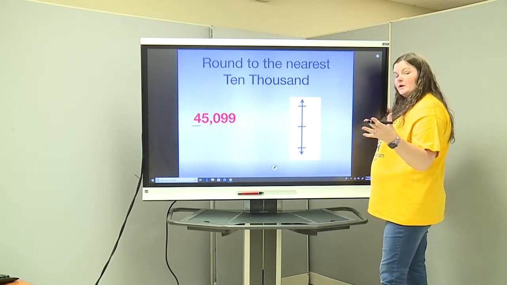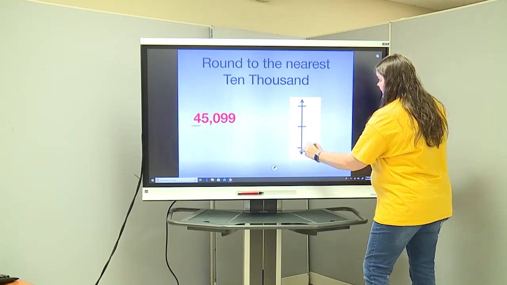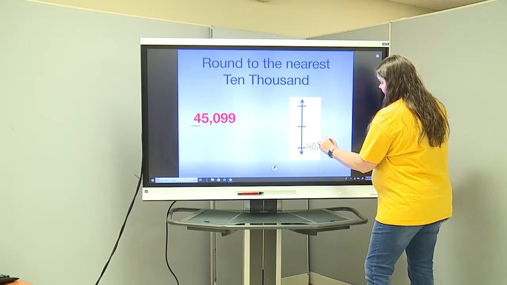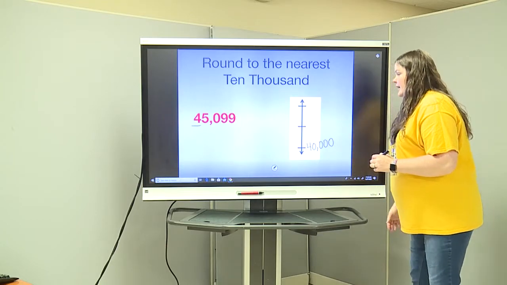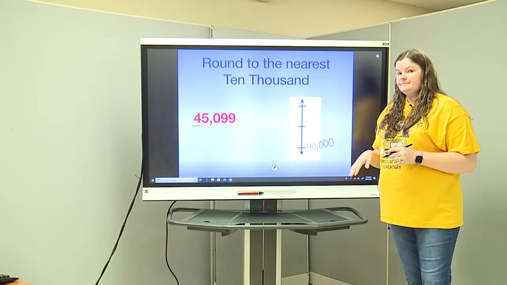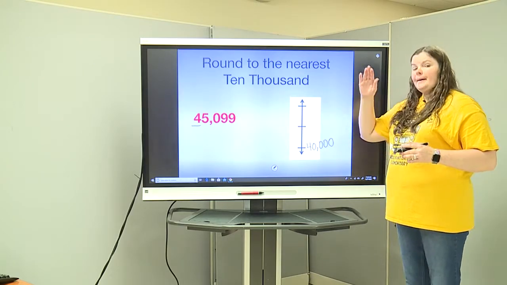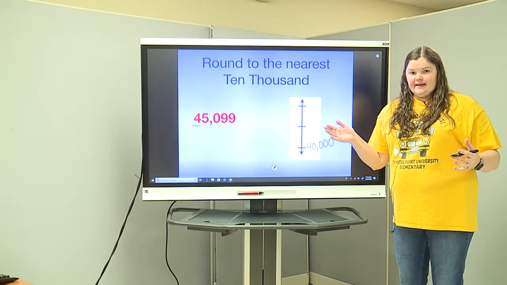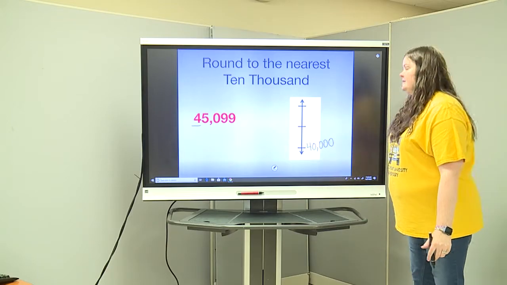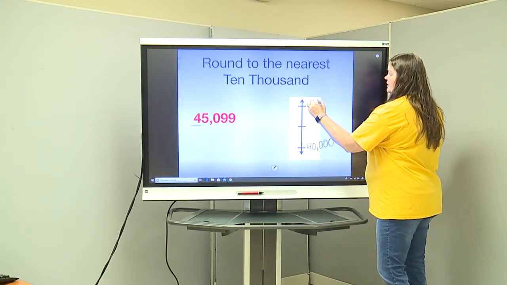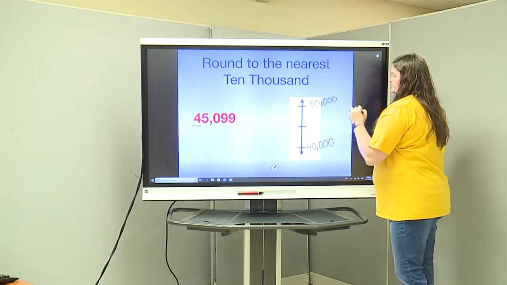So if I've got 4 10,000s, I have 40,000. That's the value of the 4 10,000s. All right, I'm only rounding to the nearest 10,000, so that means I only need to go up to the next 10,000. So if my bottom is 40,000, my top would be 50,000.